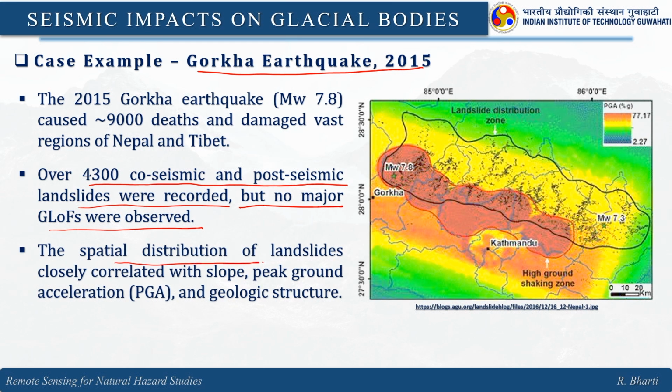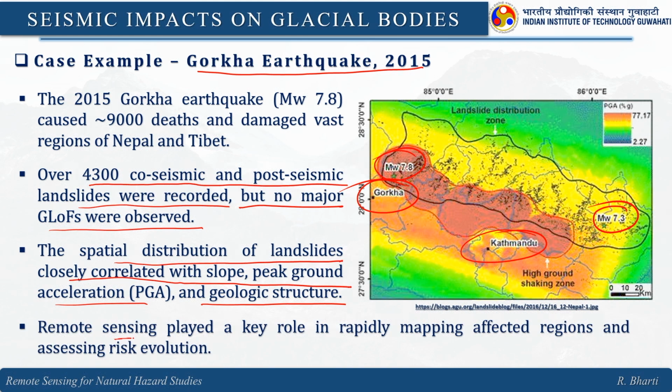The spatial distribution of landslides closely correlated with slope, peak ground acceleration and geologic structure, and here you can see the locations marked Kathmandu, Gorkha, and here you can see the moment magnitude is 7.3, here it is 7.8. Remote sensing played a key role in rapidly mapping the affected region and assessing the risk evaluation.